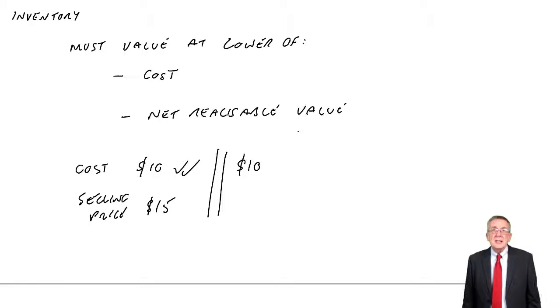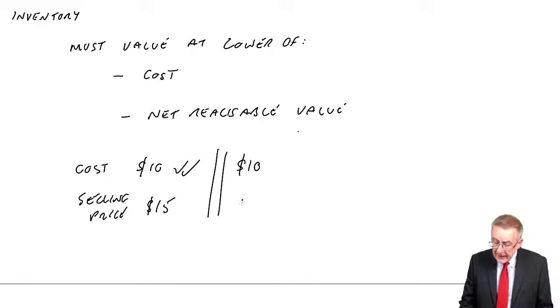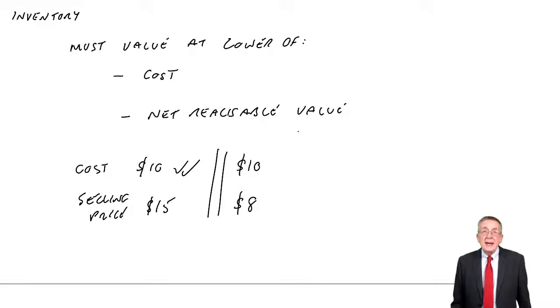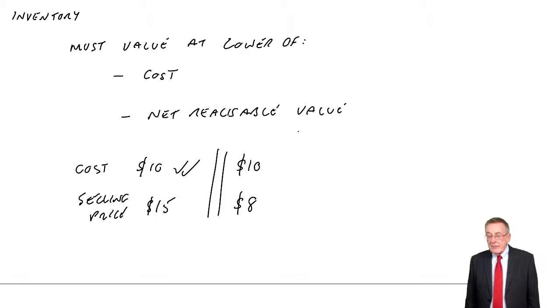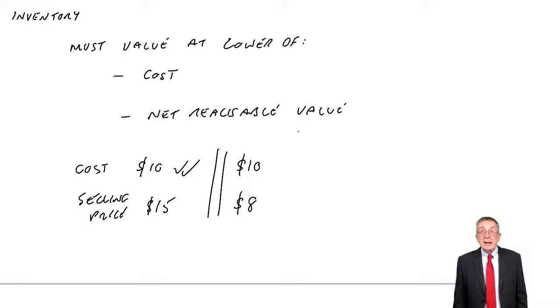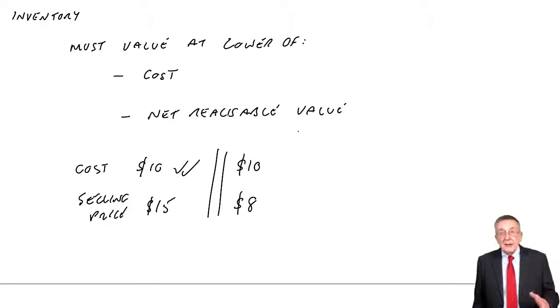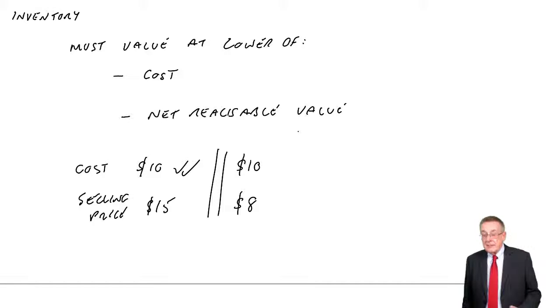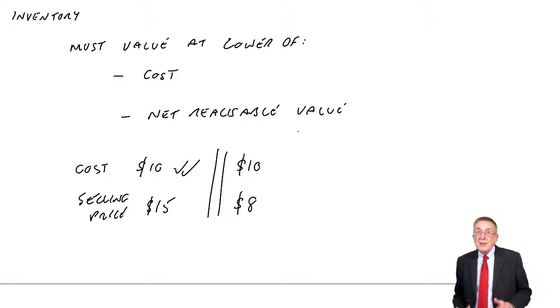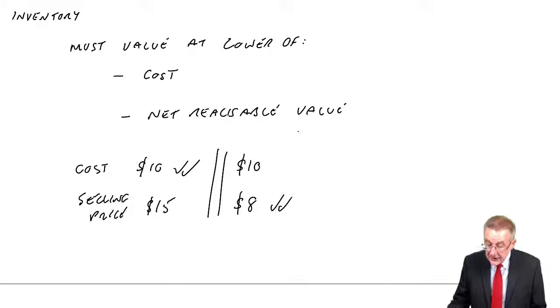I think somebody will buy it, but because it's damaged, I think they're only going to be prepared to pay $8 for it. Although hopefully that doesn't happen very often, if ever there's an item where you expect you'll be selling it for less than cost, you must value it at the lower, which in that case would be $8.